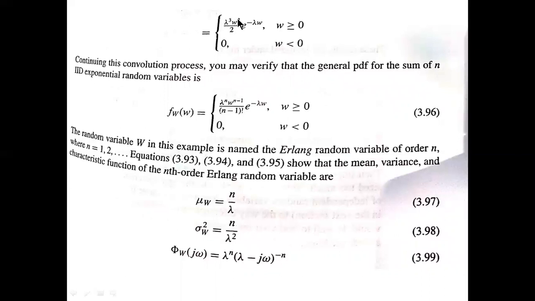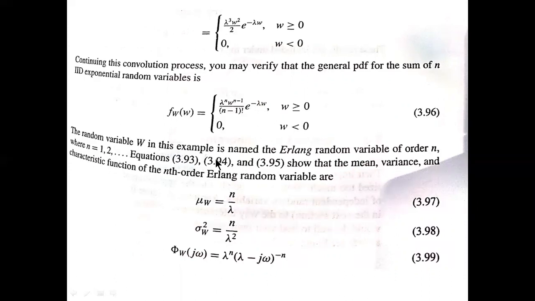And here we had w squared, so here it will have w to the power n minus 1. The e to the power of minus lambda w remains the same for w greater than or equal to 0, and 0 for w less than 0. The random variable w in this example is named the Erlang random variable of order n.